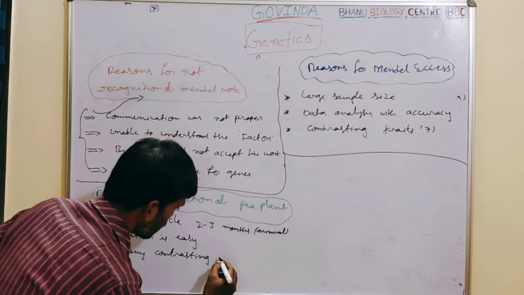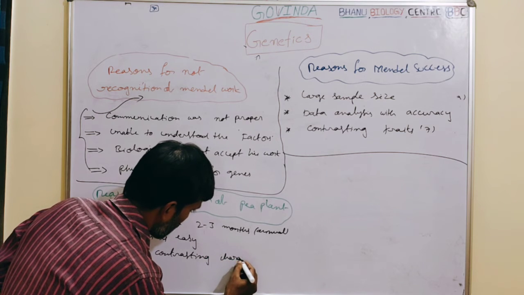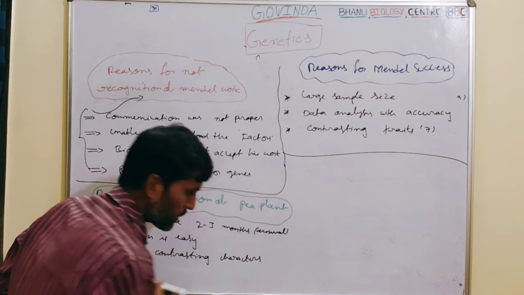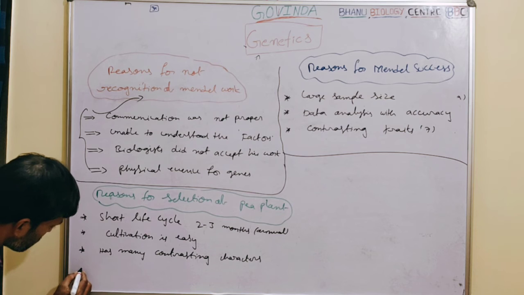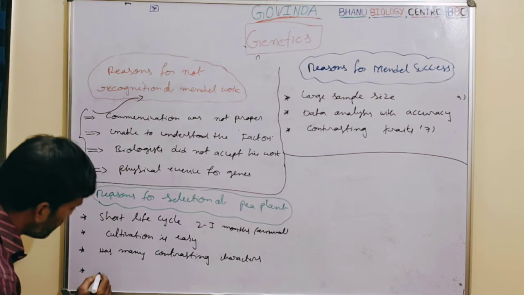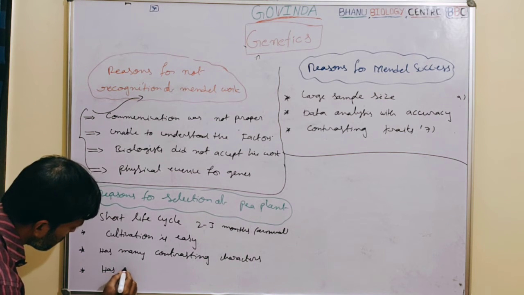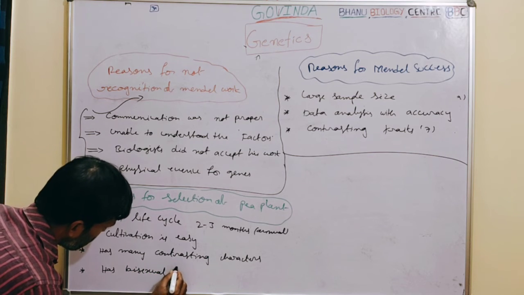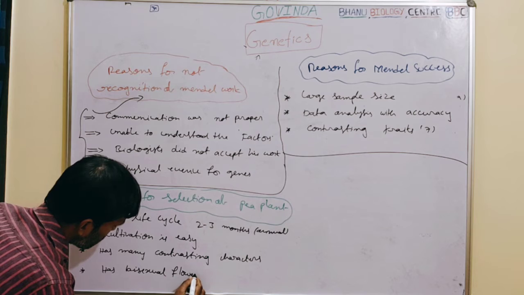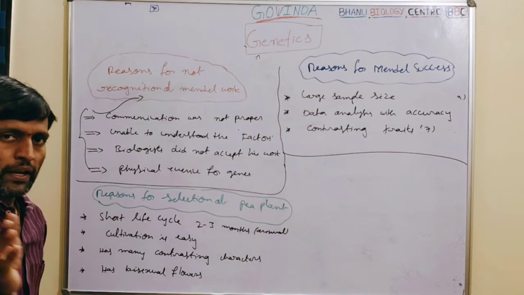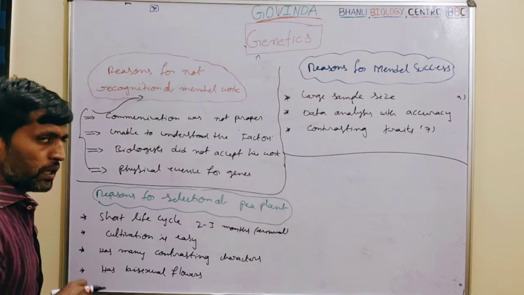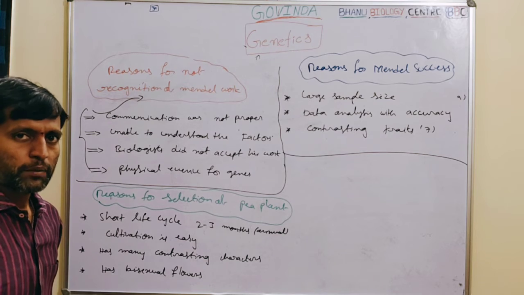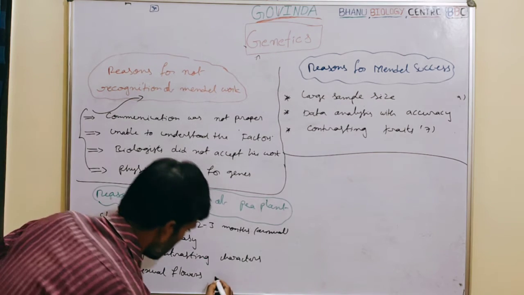The pea plant has many contrasting characters. Then this plant has bisexual flowers, autogamous flowers. Actually, self-pollination occurs in pea plants naturally, right?